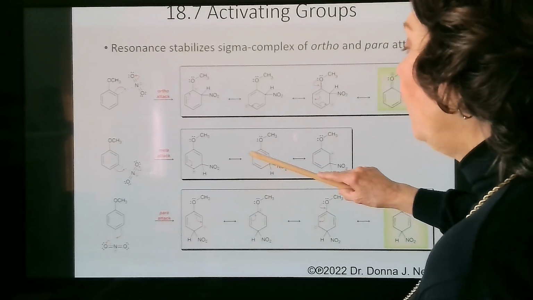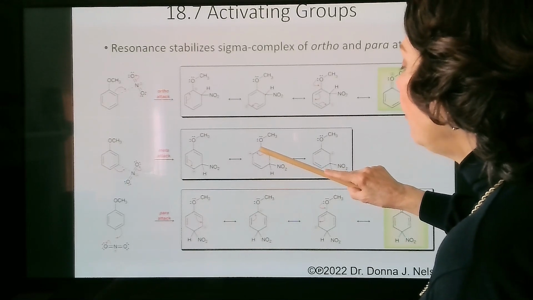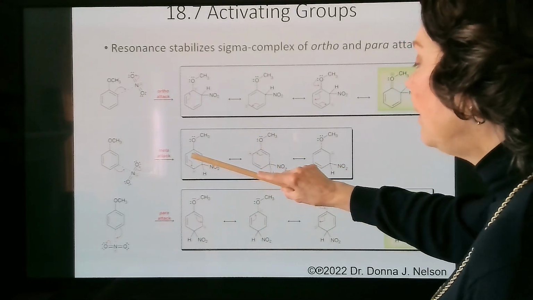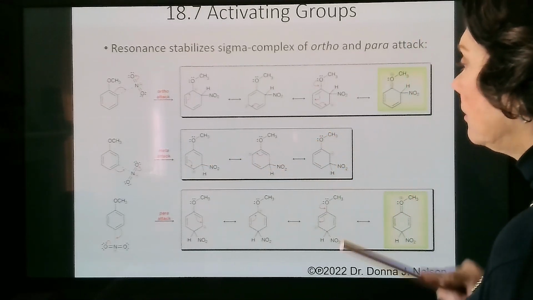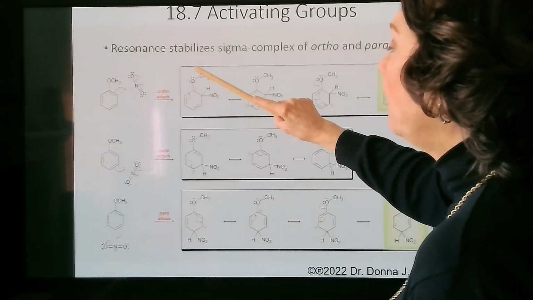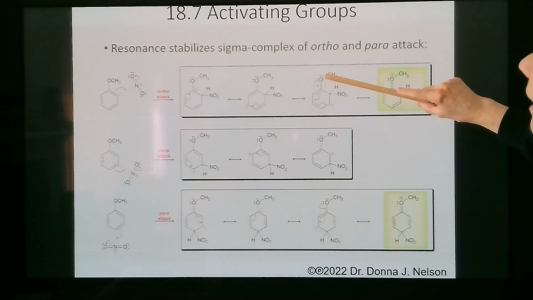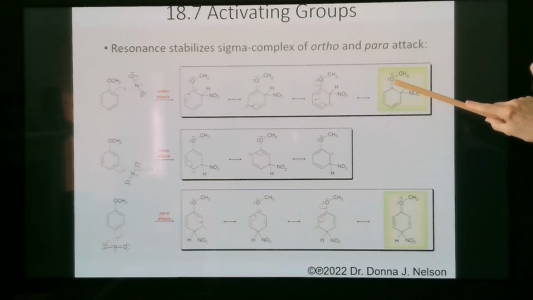Once again, with meta attack, it is impossible to put the positive charge on the carbon bearing the functional group. And so this sigma complex is not stabilized by the methoxy group. However, if you can put the positive charge on the carbon bearing the functional group, then you have an additional resonance structure because the lone pair on oxygen can be donated into the ring and the positive charge can be moved out onto oxygen.